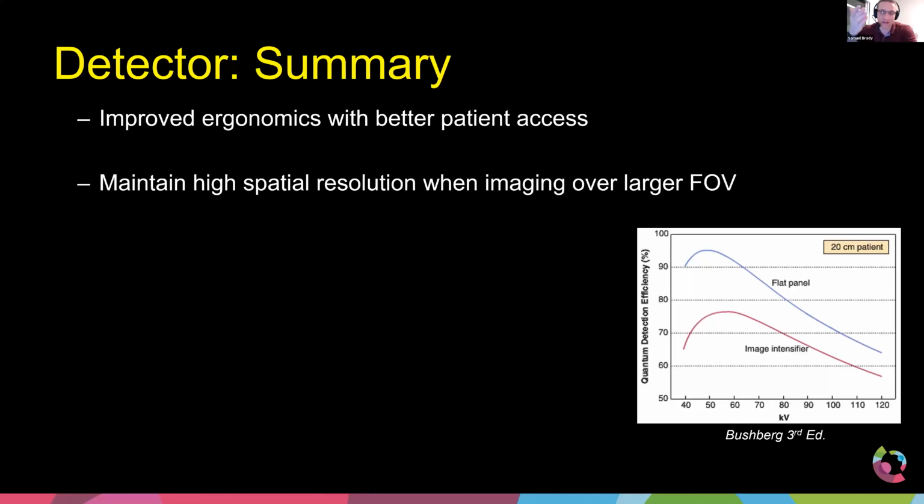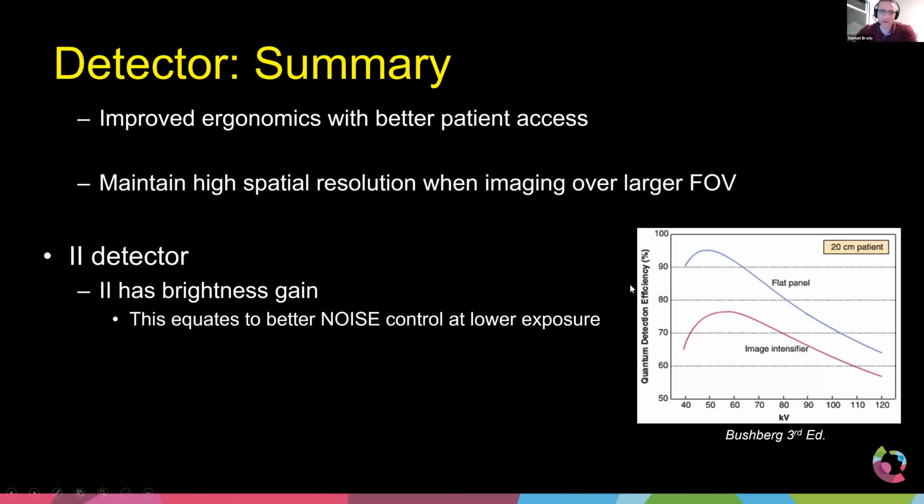Inherently, the flat panel detector has better spatial resolution, but it only really has two options. One with binning, and then when you change to no binning, you get the other. The II strength comes with its noise handling because of that gain magnification. You get really good noise control, especially at the low dose levels.